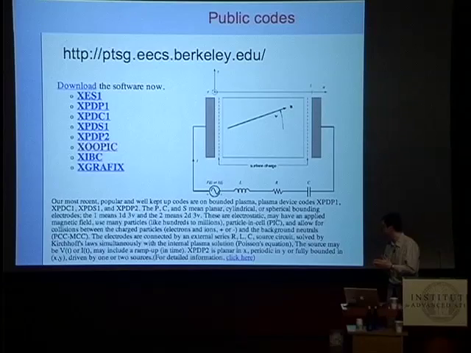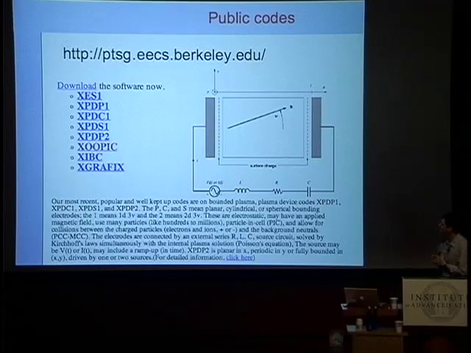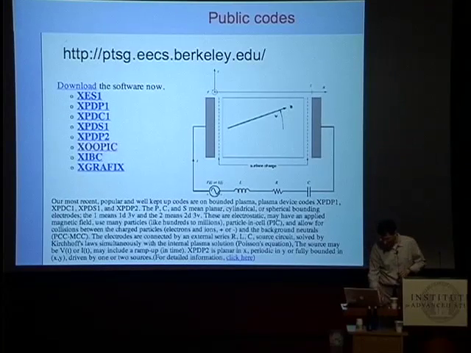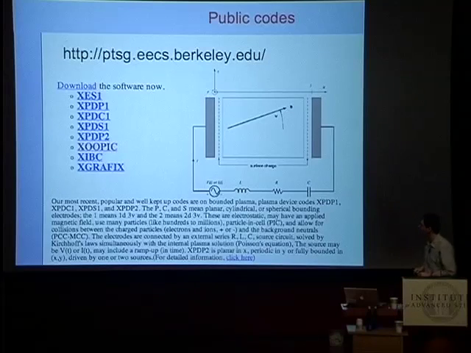You may have to pay some money for it, but there are some public codes available. This website is the Berkeley Plasma Simulation Group, which maintains several public codes. They go from electrostatic codes, so XES1 is an electrostatic code.